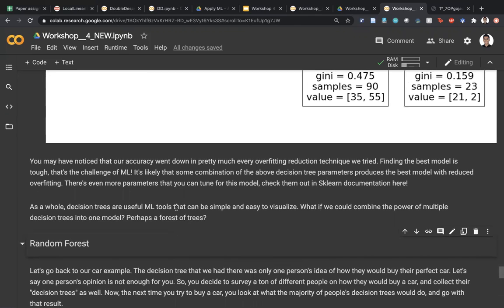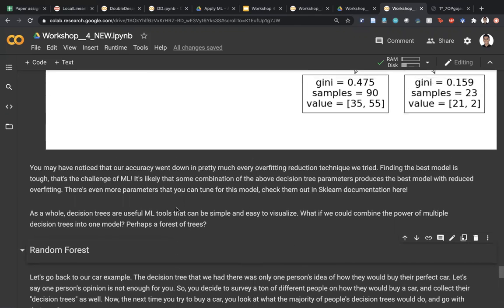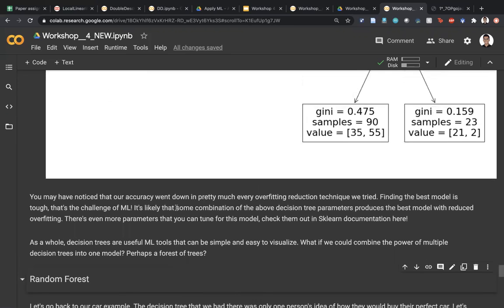So before we go into random forest, do you want to take any guesses on how exactly random forest works? It's completely fine if you're way off base. Just curious to see what you guys think random forest could be. You can either unmute yourselves or drop an answer in the chat.